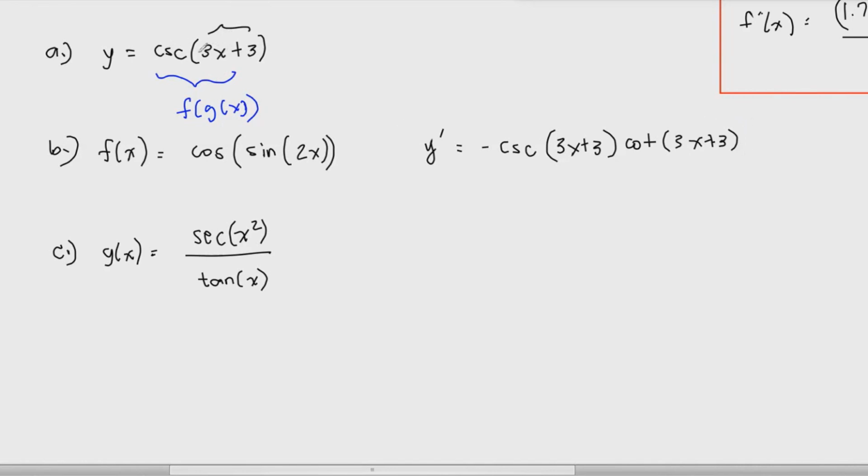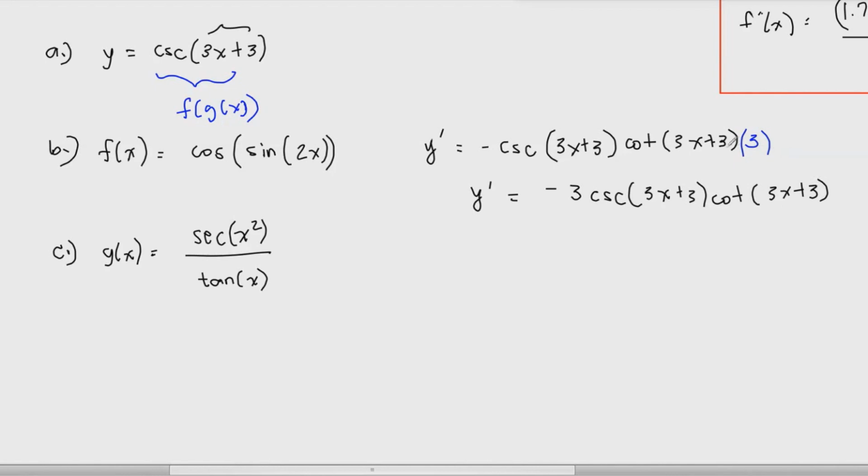So the derivative of that would be 3, since we have 3x, and then plus 0, so we have 3. Therefore, the final answer here would be that y prime is equal to negative 3 cosecant 3x plus 3, and then we have cotangent 3x plus 3.